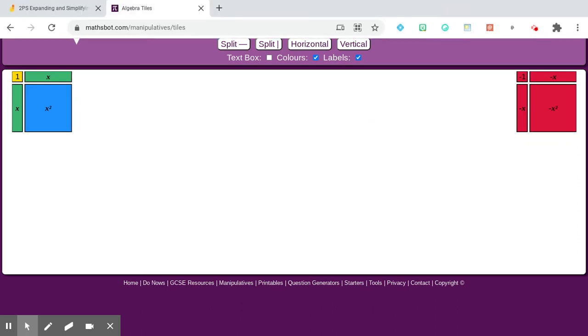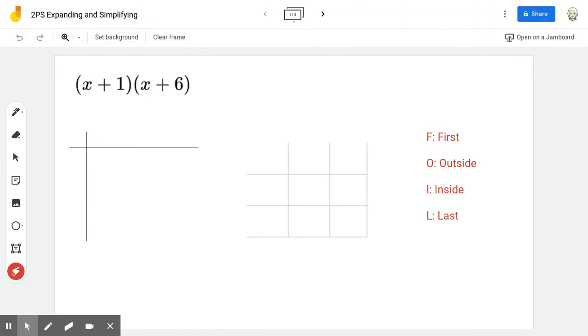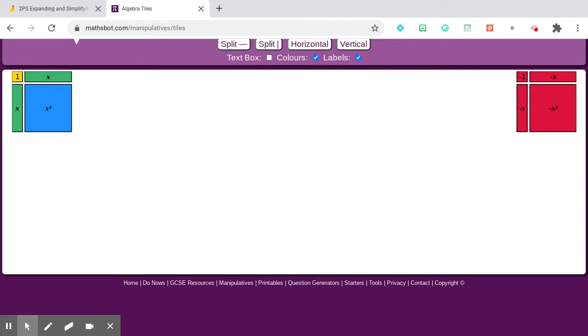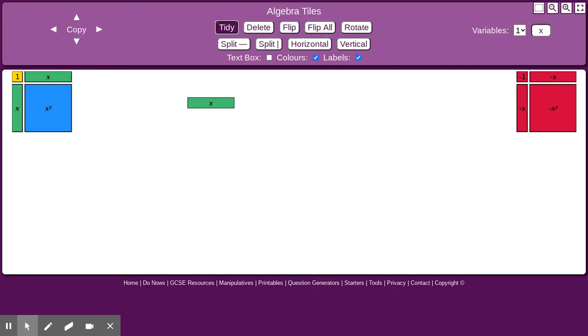So the first example is x plus 1 times x plus 6. So here's an x plus 1, and here's an x plus 6.